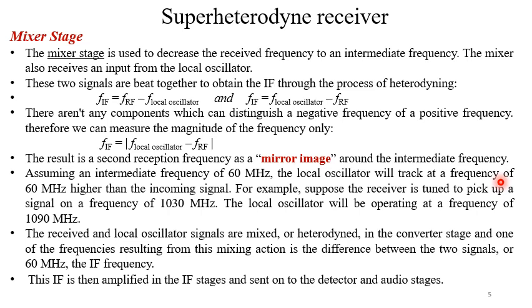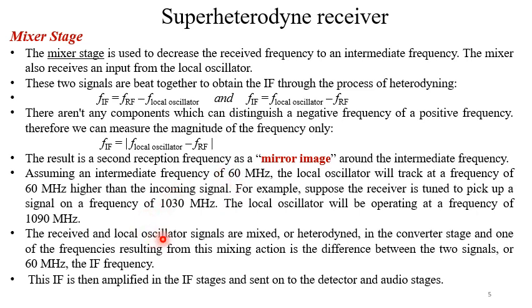So assuming an intermediate frequency of 60 MHz, the local oscillator will track at a frequency 60 MHz higher than the incoming signal. For example, suppose the receiver is tuned to pick up a signal on a frequency of 1030 MHz. The local oscillator will then be operating at a frequency of 1090 MHz, because the intermediate frequency is 60 MHz.